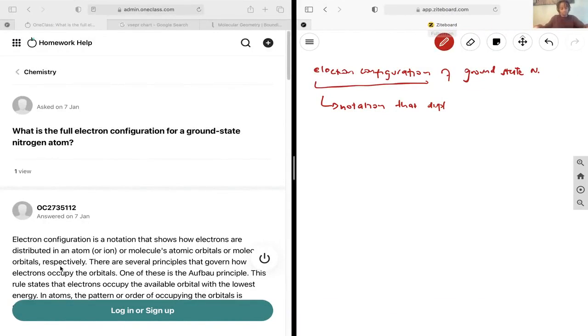Okay, so we need to understand what the electron configuration really displays. It is notation that displays an atom's, or ion's, or molecule's electron distribution in atomic or molecular orbitals.